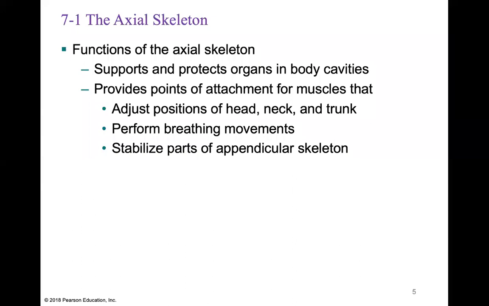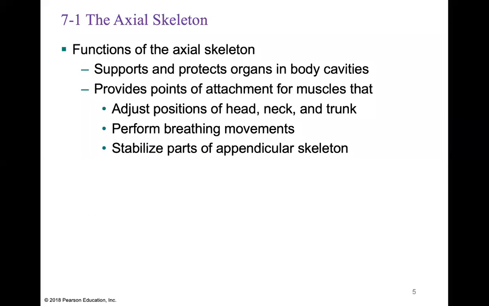So what are the functions of the axial skeleton? The functions are to support and protect organs within its body cavities. So you have some very vital organs which are protected by the structures of the axial skeleton: the brain, the spinal cord, heart, and lungs. It also provides points of attachment for muscles that are going to allow you to adjust positions of the head, neck, and trunk.